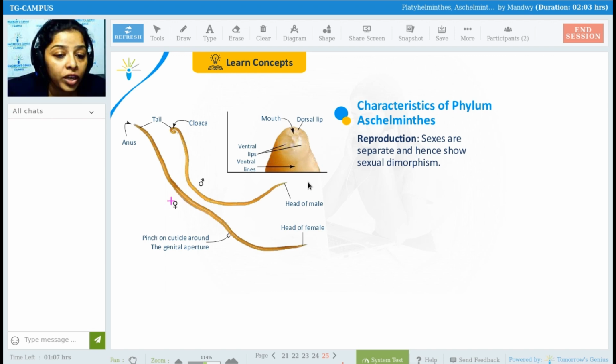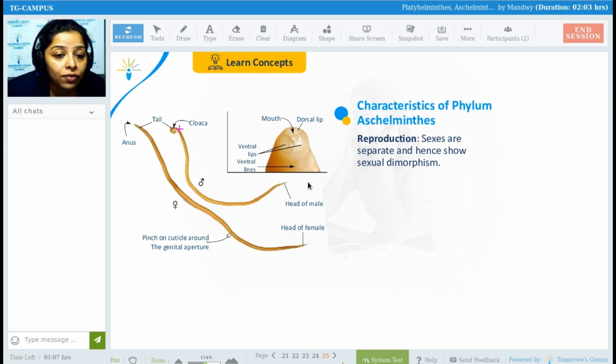Okay, so this one is female. If you can see, in the female, at one end there is a head and at another end there is an anus. At the end of the tail there is an anus. But the end of the tail is not rounded or circulating or making a ring-like structure at the end.